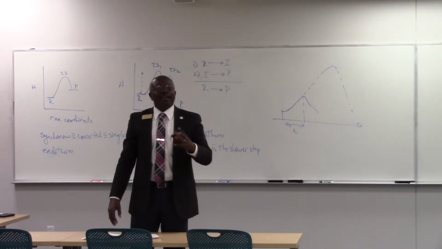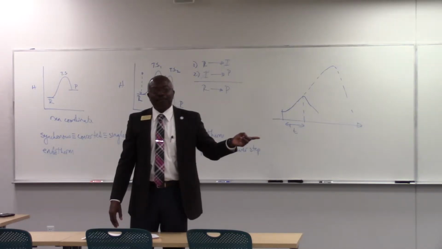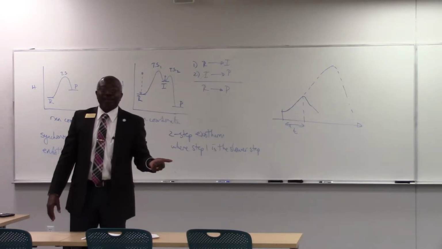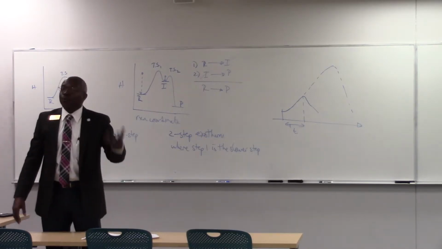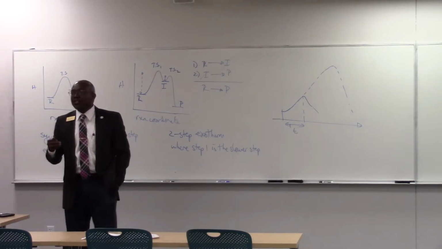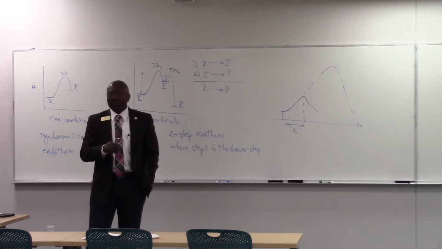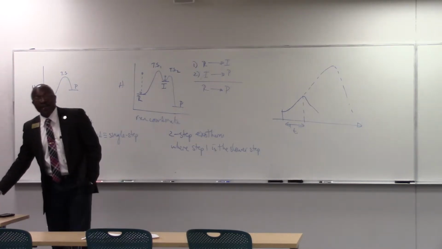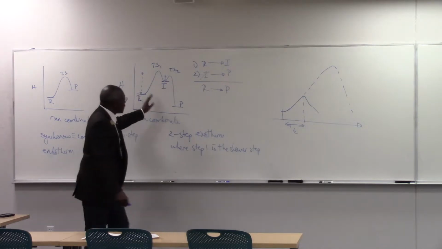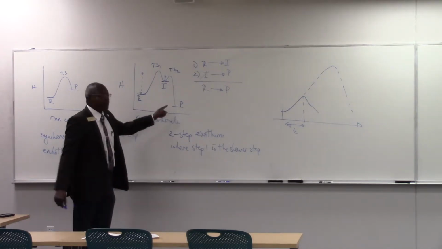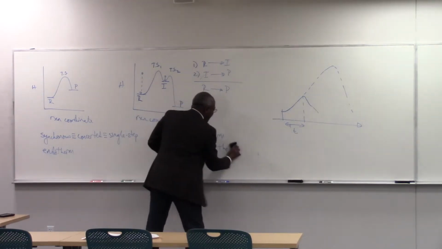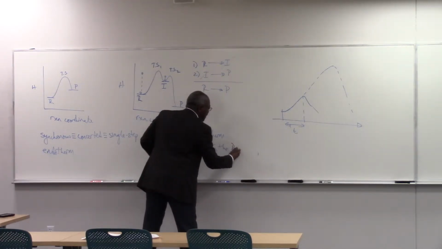So I don't really care how fast the fast steps are. What determines when I get to product is the slow step, or the slowest step, or the slower step, it depends. So the slowest step in the reaction is called the rate determining step, or some people say the rate limiting step. So that's the one I'm going to focus on. So I can say that this is a two-step exotherm, where step 1 is the slower step, or it is the rate determining step.